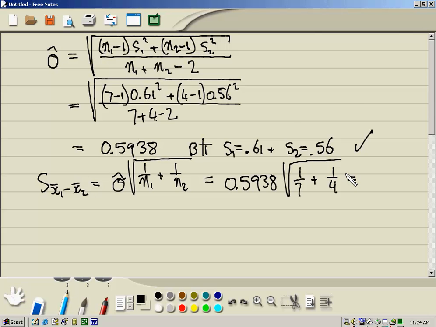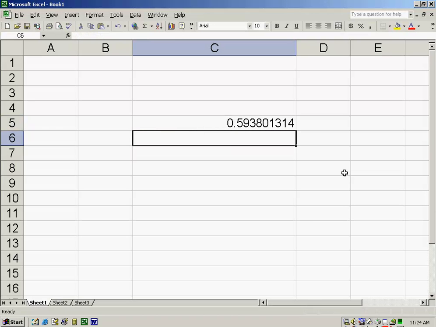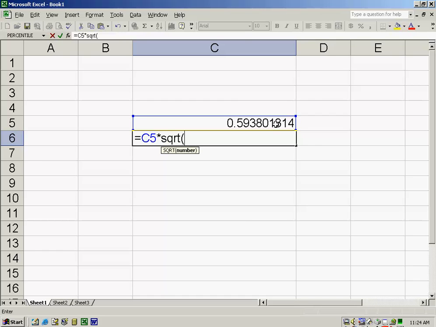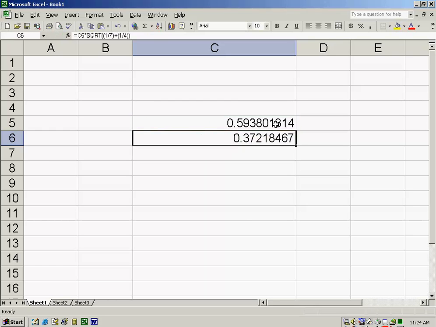And let's go back to Excel and work that out. So this is sigma hat, this number, times the square root of 1 over 7 plus 1 over 4, and the S of x bar 1 minus x bar 2 is 0.3722.